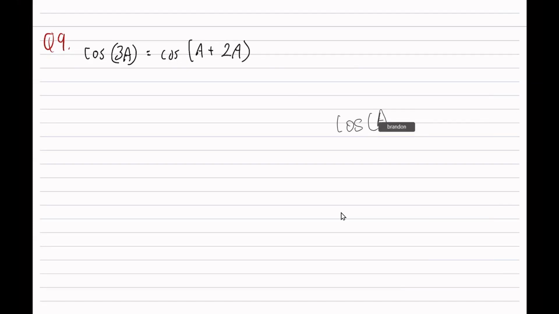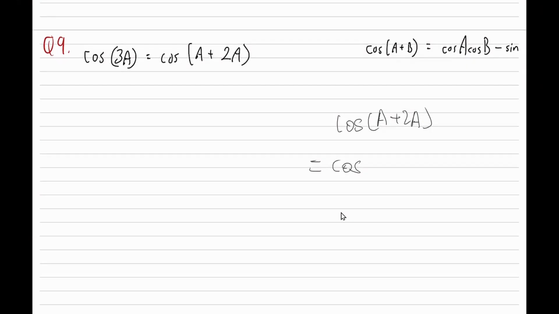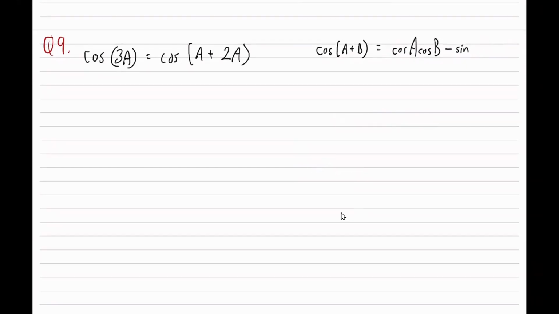If you recall the formula, cosine of A plus B equals cosine A cosine B minus sine A sine B. Plus becomes minus, minus becomes plus. So we're just going to use the addition formula on cosine of A plus 2A. Now we replace the B with 2A, so it becomes cosine A cosine 2A minus sine A sine 2A.